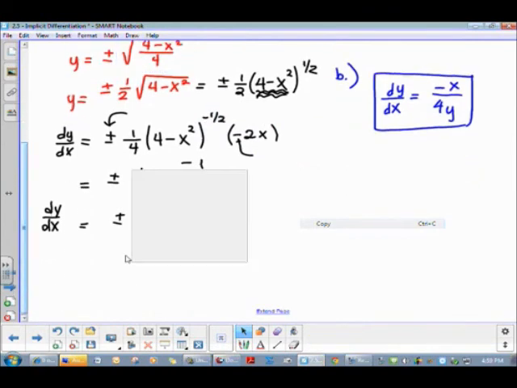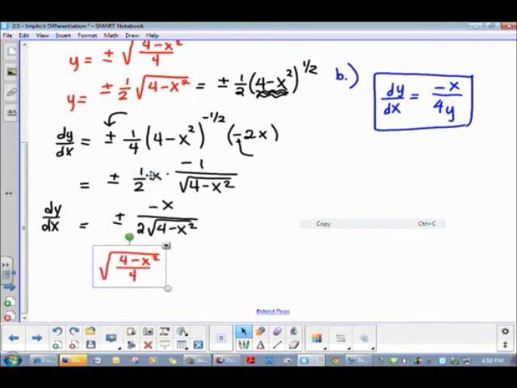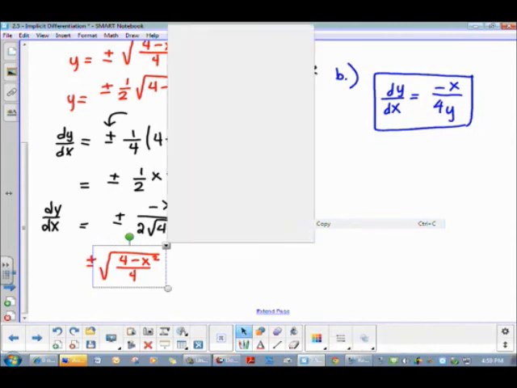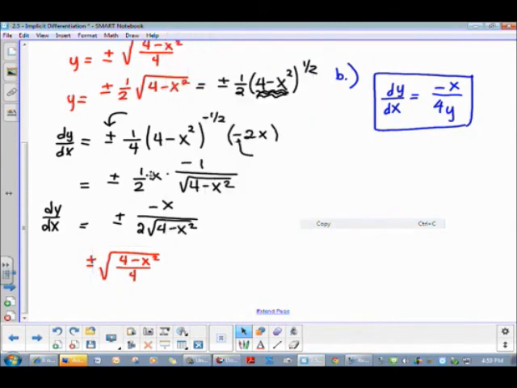So what we're going to do is just manipulate a little bit more with this. And what I've done here is revisit the original y by itself expression that I had up there on top. And think about that a little bit. That's what our y was.